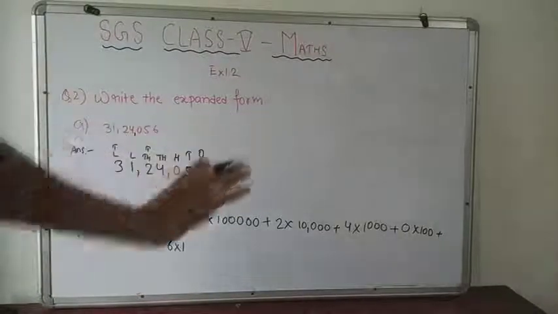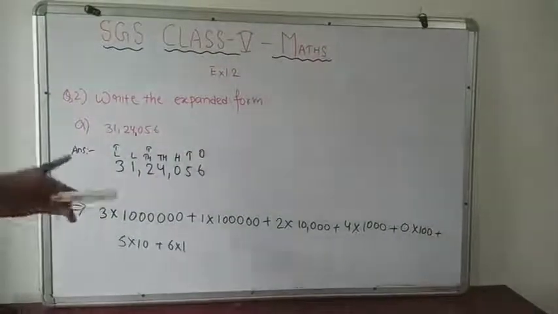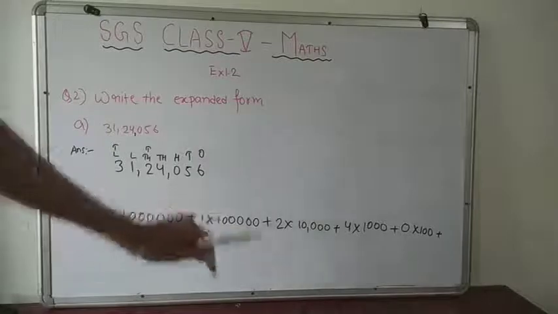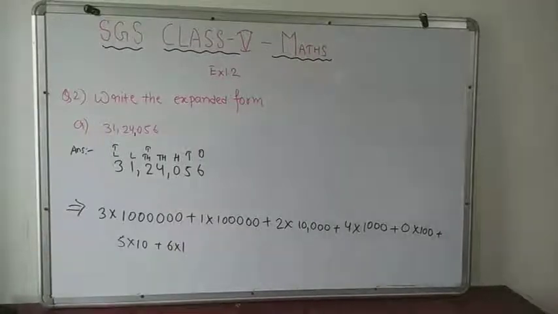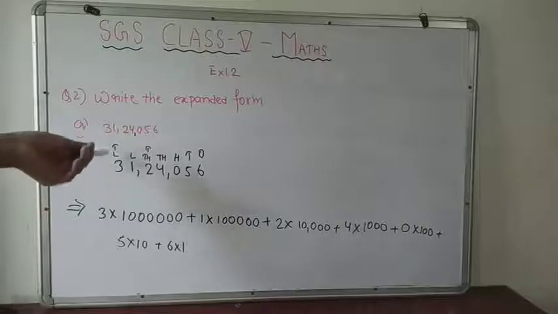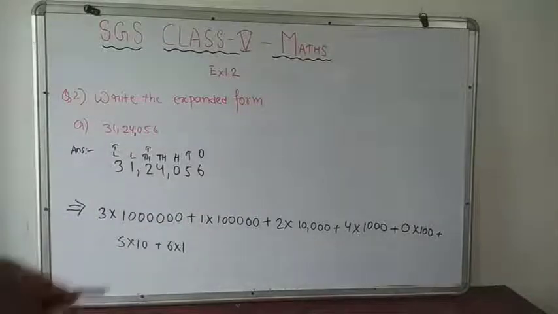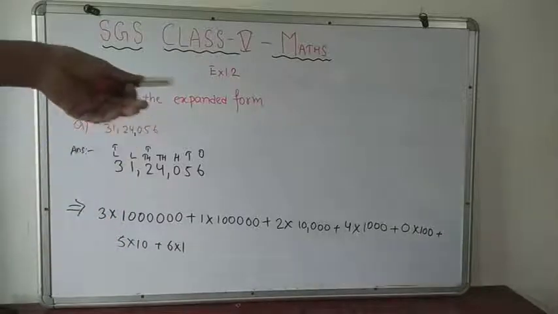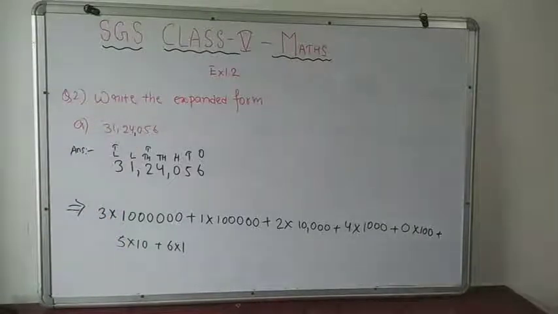So this question is solved fully, that is, we have expanded the number in proper format. And how do we do it? We multiply the digits according to their place values and put the addition symbol, so we can form the expanded form of the number. This is the way to solve any number in expanded form. I hope you got it, so you can solve other questions very easily.